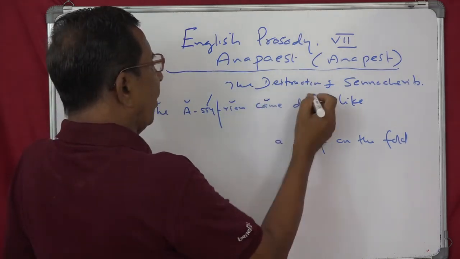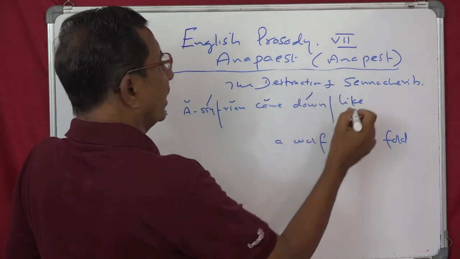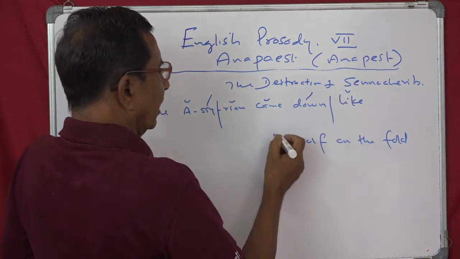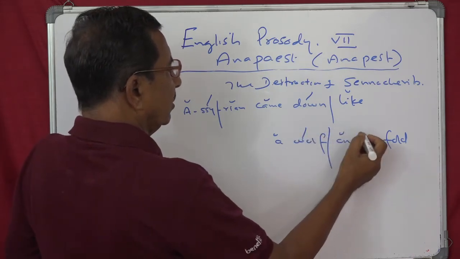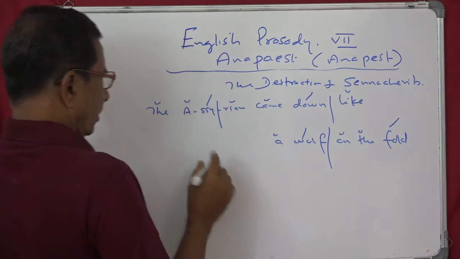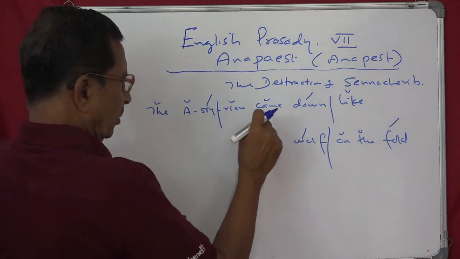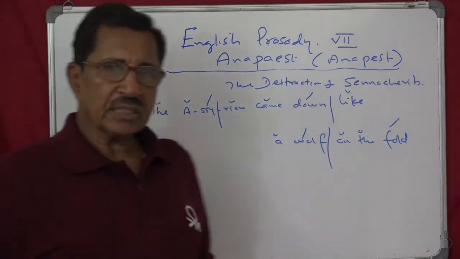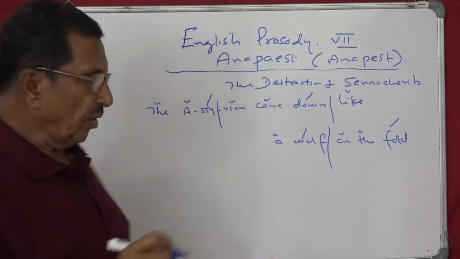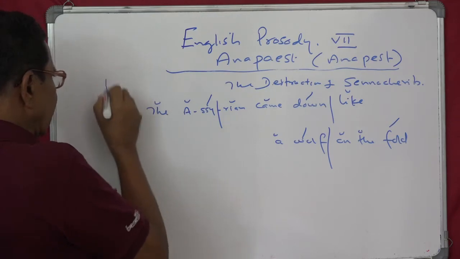came down like a wolf on the fold. So you have 1, 2, 3, 4. So you have 4 feet. A 4 feet meter we call tetrameter.